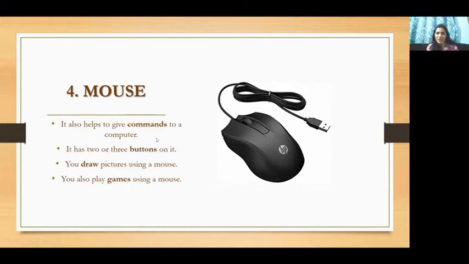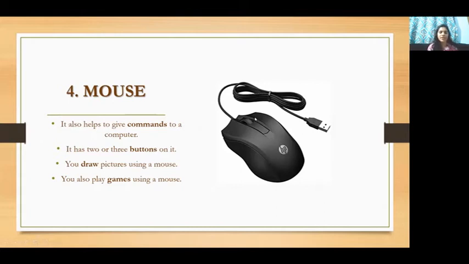Ma'am has already told you both keyboard and mouse are used to give commands. Commands means the instructions that we are giving to a computer. It has 2 or 3 buttons on it. In this picture you can see a mouse with 3 buttons: one left button, a right button, and in the middle a scroll button. So this is a 3 button mouse.